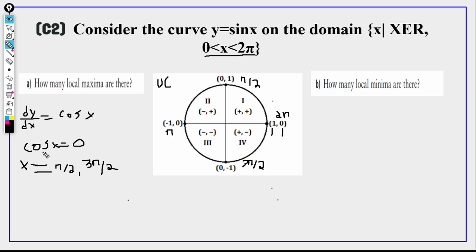This is our first derivative, FD. Now we're going to do the second derivative test. The derivative of cos x is negative sine x.